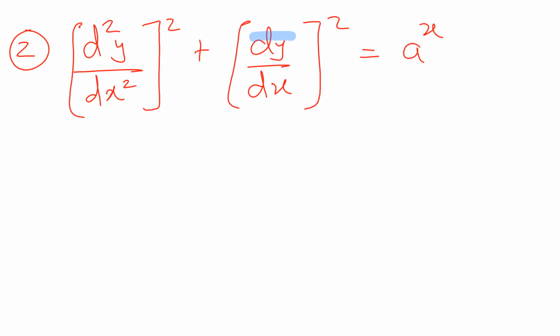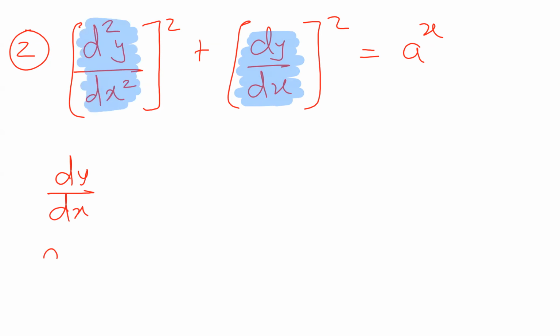The first differential is dy by dx, that is the first order derivative of y. And the second differential is d square y by dx square.